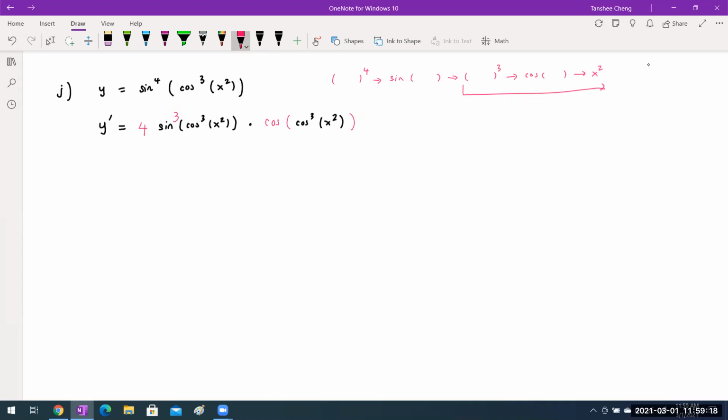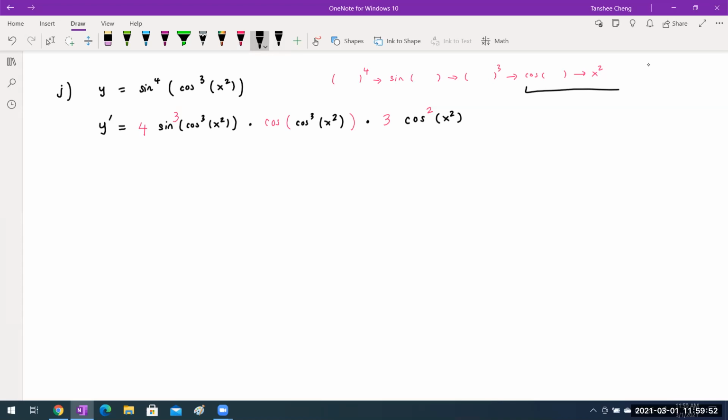Follow? And then times the next, we're going to be taking the derivative of the power. So bring down the 3. And then everything inside of that power function is the same, which is cosine of x squared. But when we take the power function, we bring down the power and subtract 1 from the power, so it becomes cosine squared now.